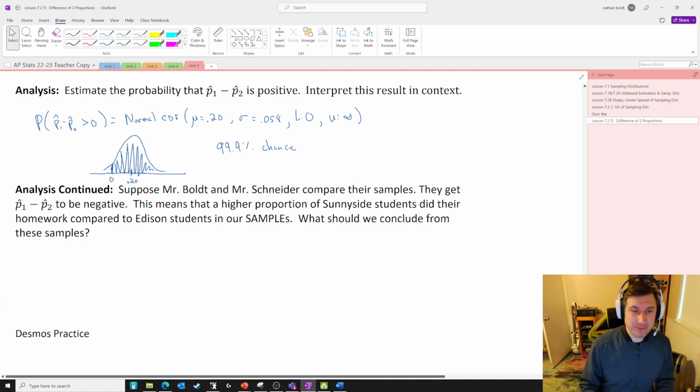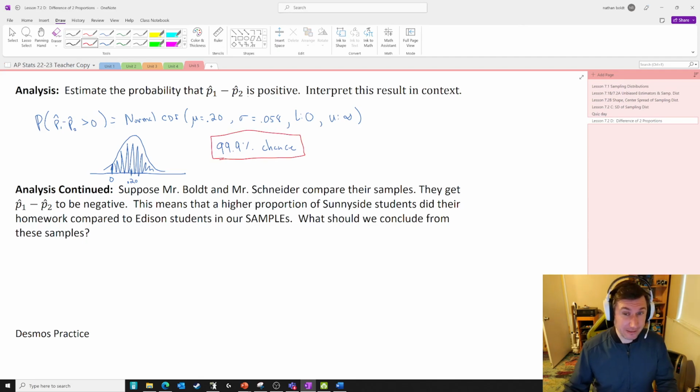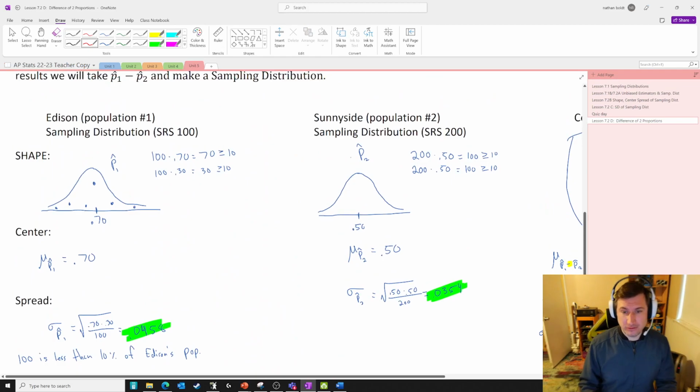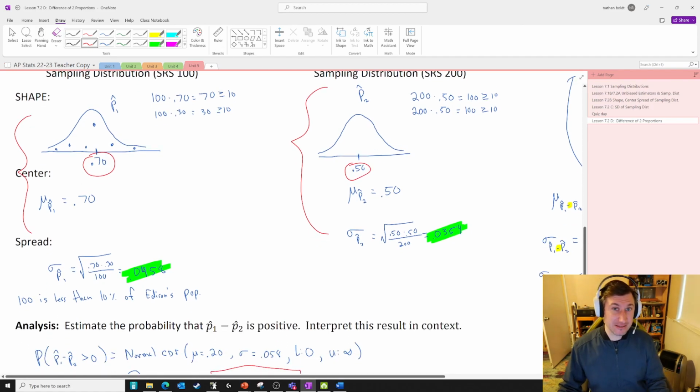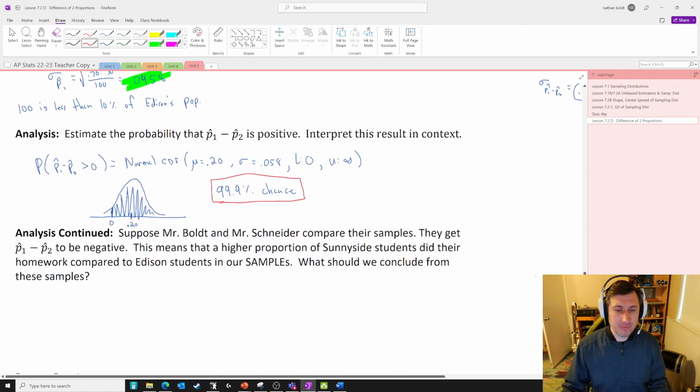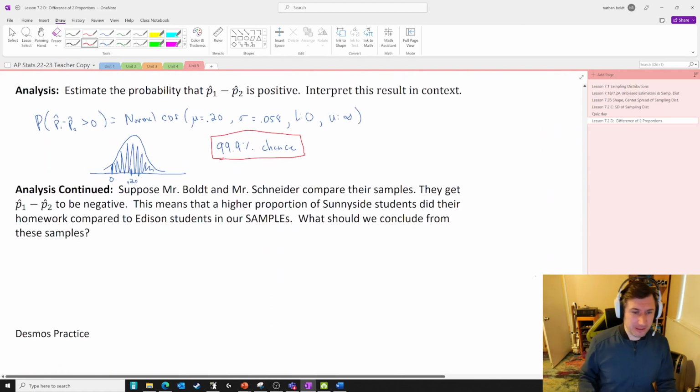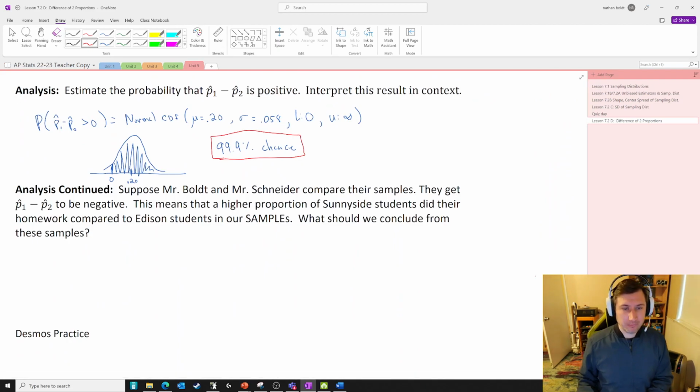Well, there's a 99.9% chance of this not happening, assuming this is true right here, and assuming all of this is true. If, in fact, the true proportion for Edison is 70 and the true proportion for Sunnyside is 50, there's a 99% chance that the Edison will be bigger than the Sunnyside. But if we get Sunnyside being bigger than Edison, whoa, that gives us a lot of evidence that our original assumptions are false.